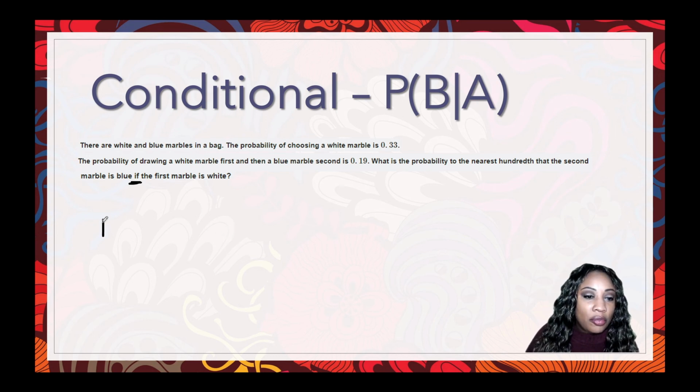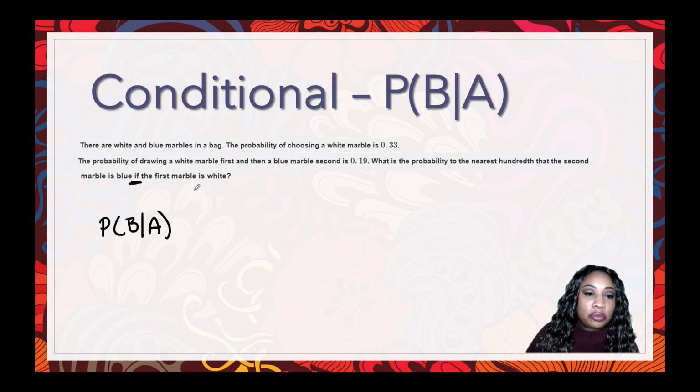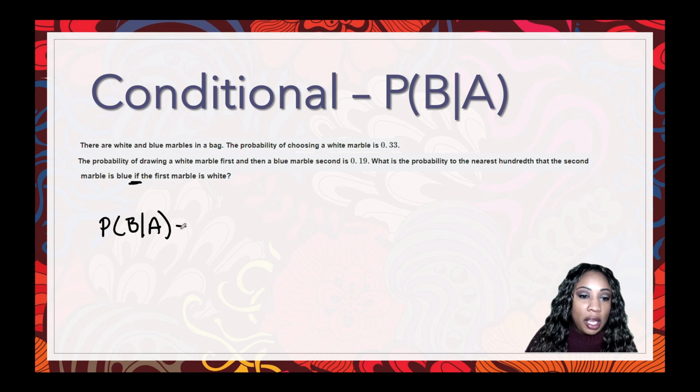So, the probability of B given A, which for this example is the probability that the first marble is white, the probability that the second marble is blue if the first marble is white.